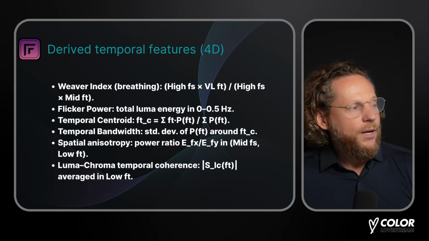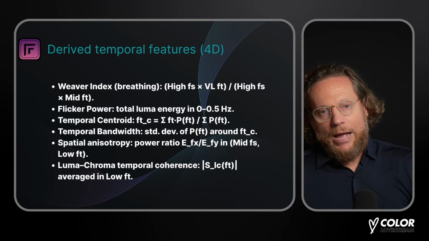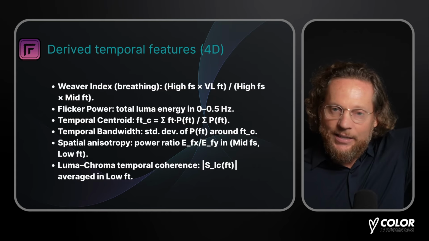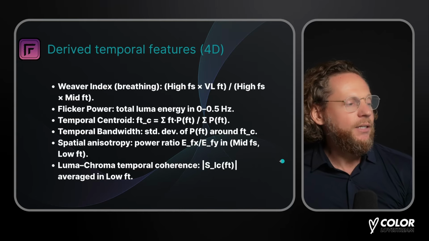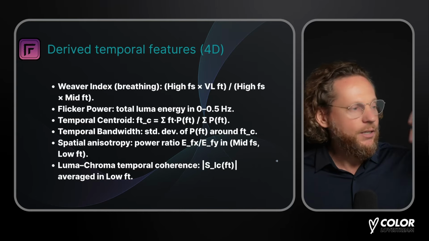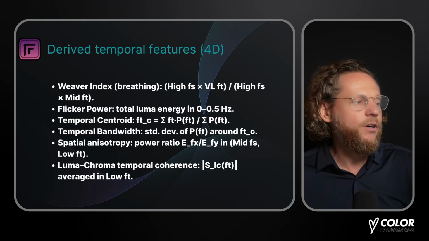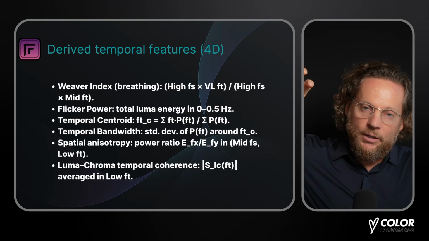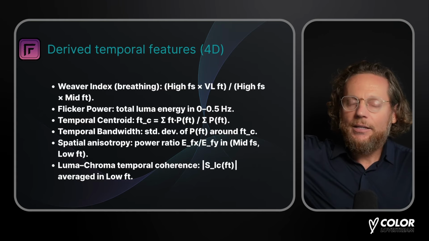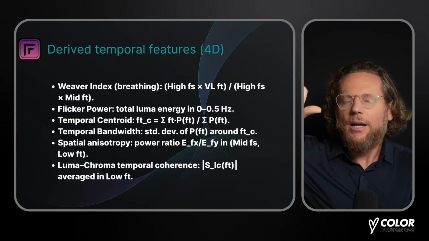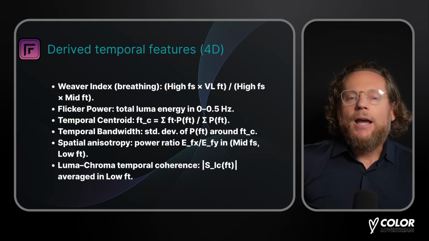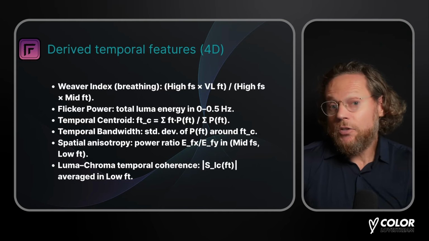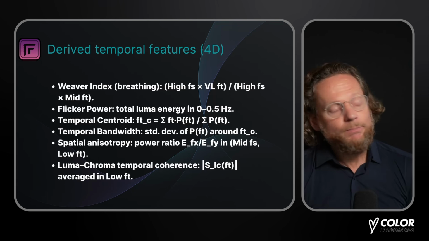So out of all these measurements, you get additional data. And this is the index for flicker and weave. You probably saw it in GrainLab. We added weave and flicker, and those values really come from these measurements.